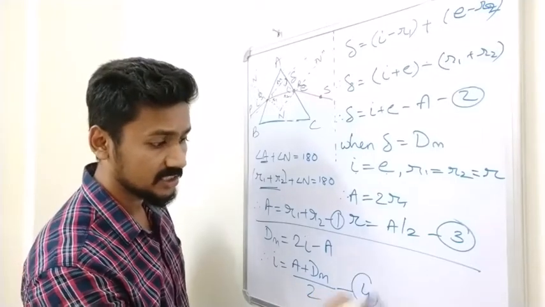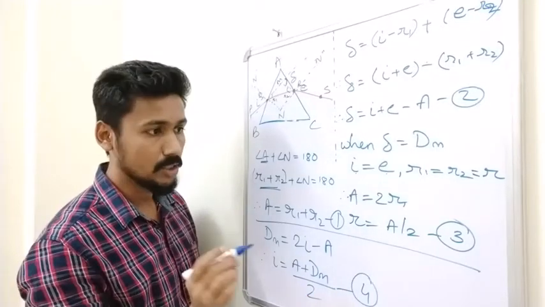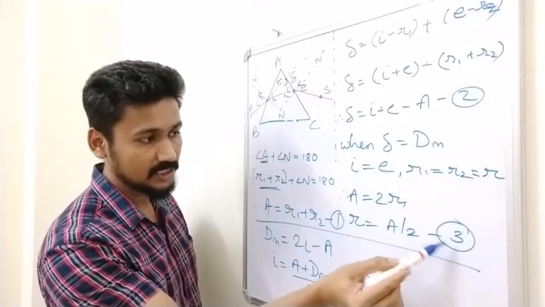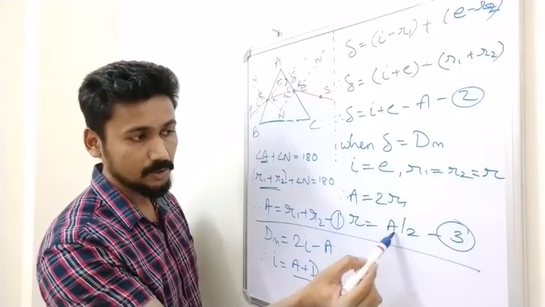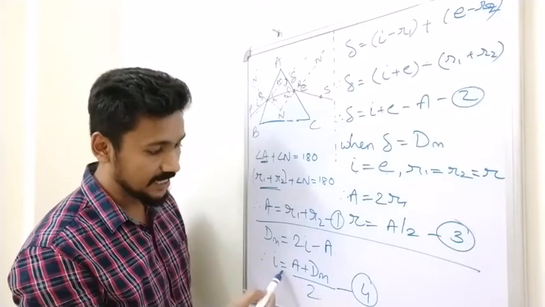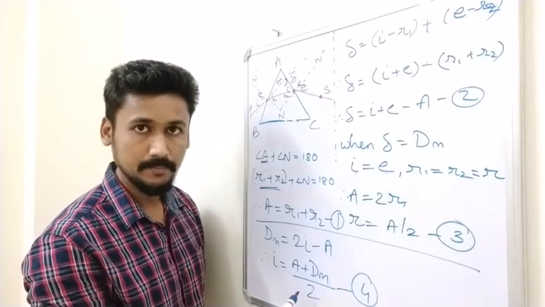This we'll call equation number 4. Okay, so now you are going to make a note of equation number 3. What is 3? Refraction R is equal to A by 2, and incidence I is equal to A plus dm by 2.